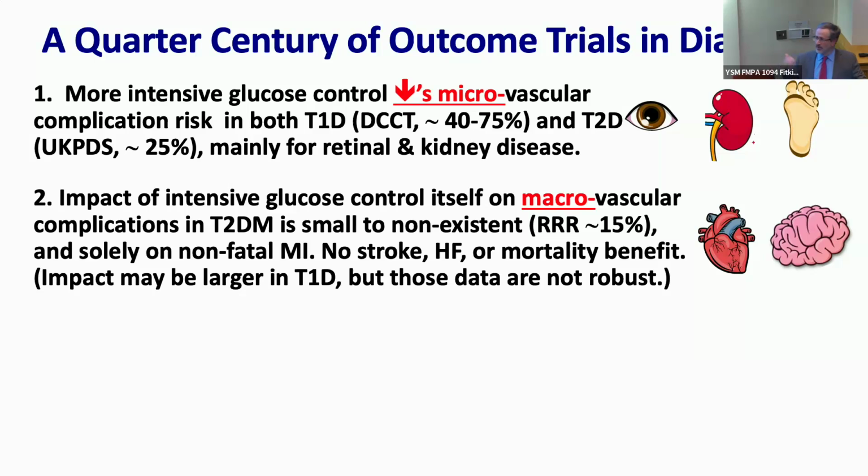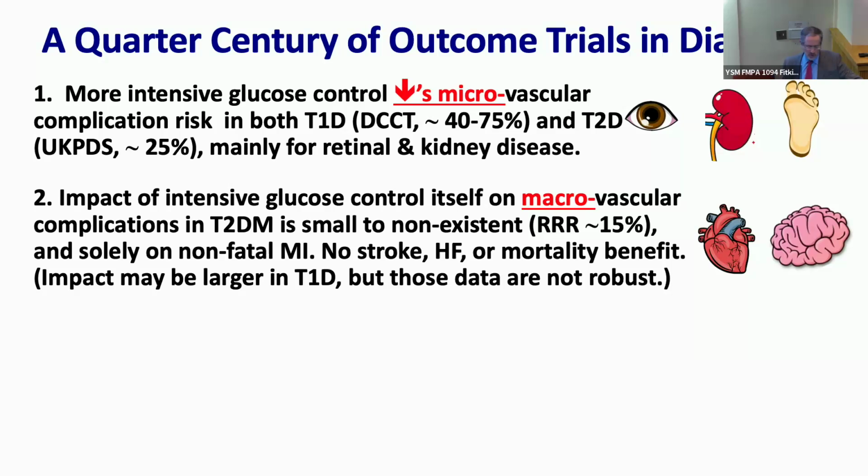So it's intuitive that if you improve the glucose, you should knock down the risk of cardiovascular disease, stroke, MI, CV death. No data to show that at all. And the reasons for that are beyond the time we have to discuss today, but it may be the wrong drugs, it may be the wrong targets, it may be too little too late.